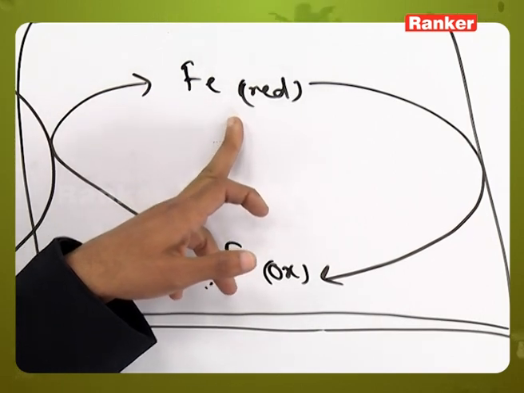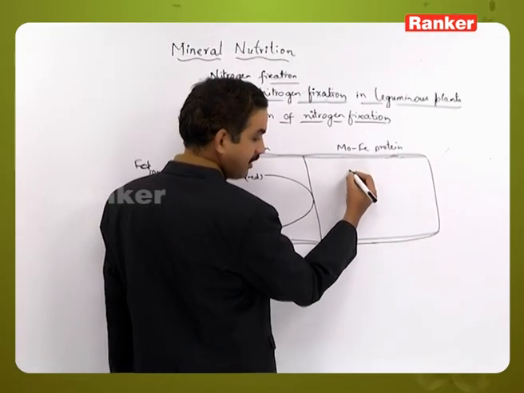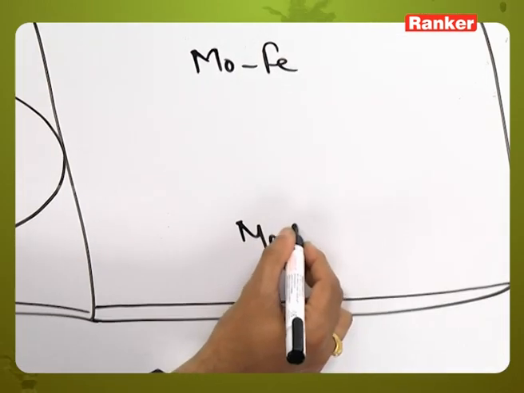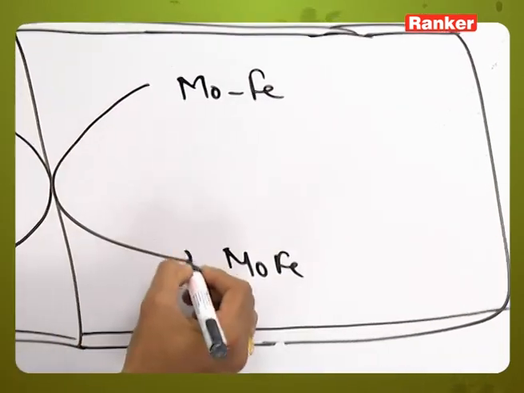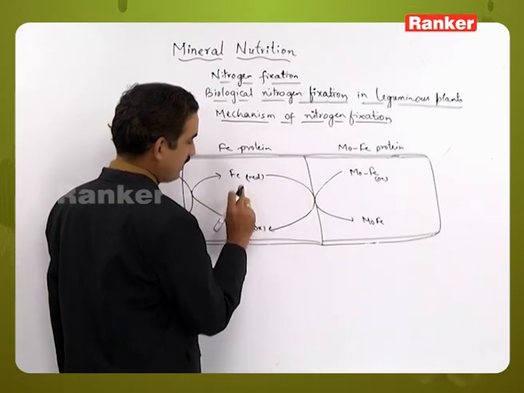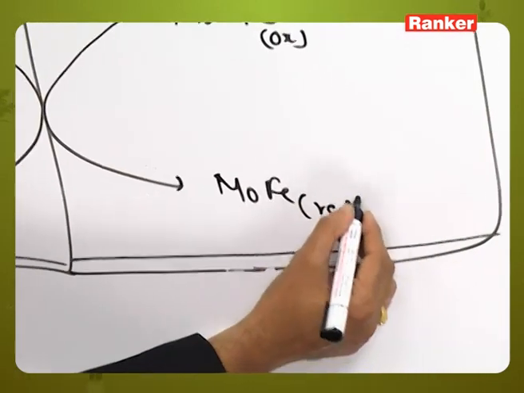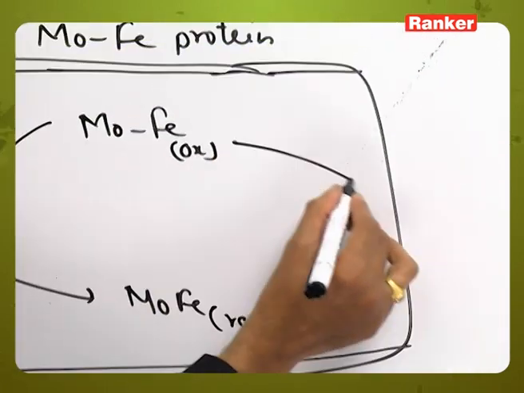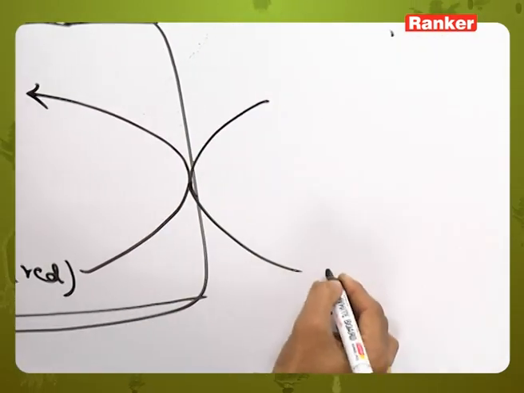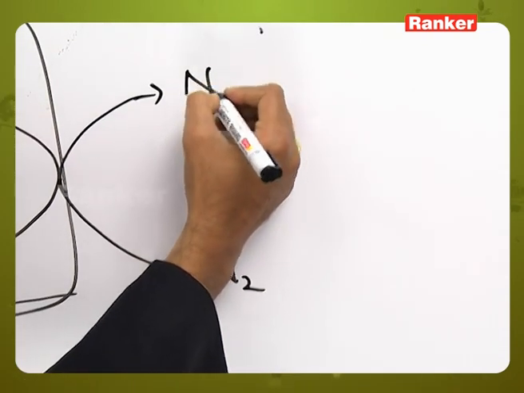This reduced form of iron protein will provide those electrons to the oxidized form of the MoFe protein part. When it receives the electrons from the reduced iron protein, it is converted into reduced form, and finally these electrons are received by the N2 molecule, which will be converted into ammonia.